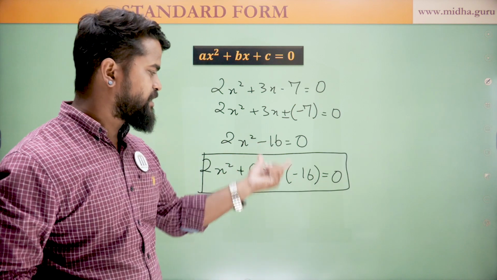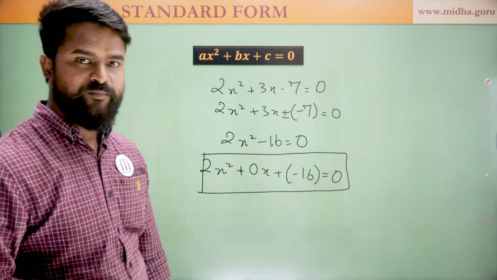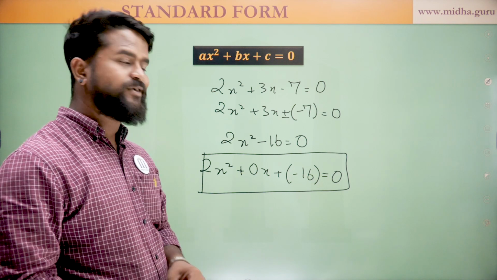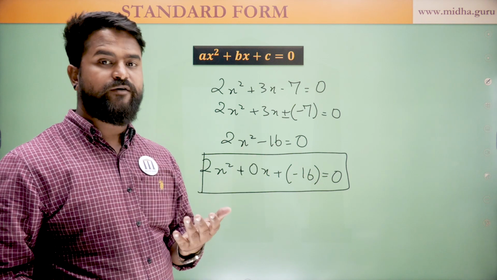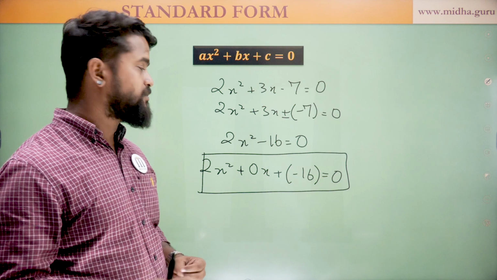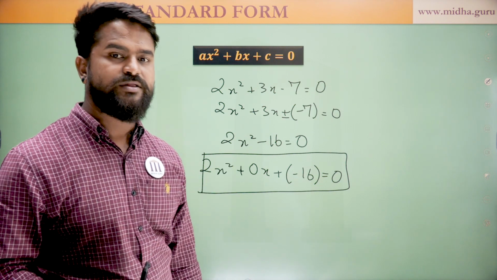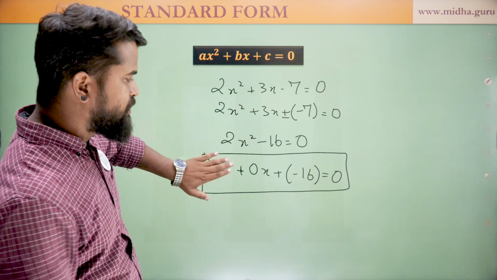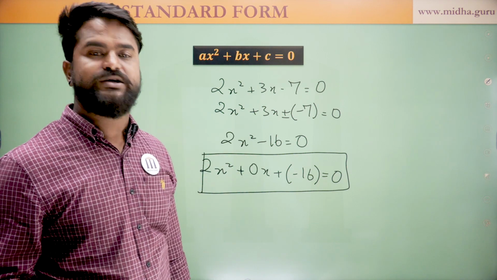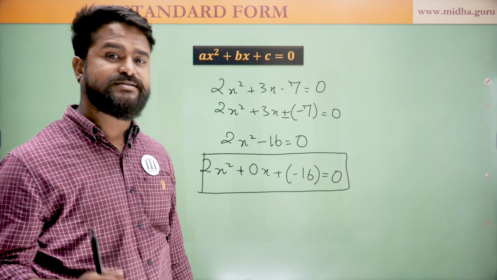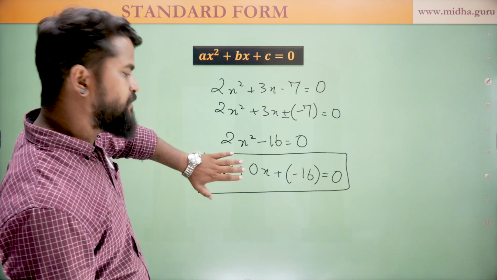Now we have the same equation written in the standard form. Every time you see an equation that misses one of the terms, it is important to remember that the x squared term shouldn't be missing. Because if I hide this part, this clearly becomes just a linear equation, because the variable is only x, that is a linear term.